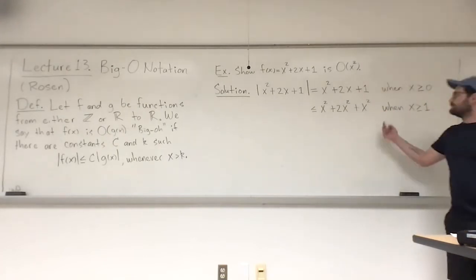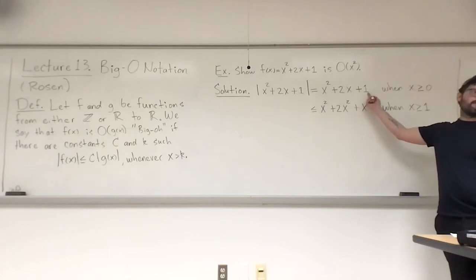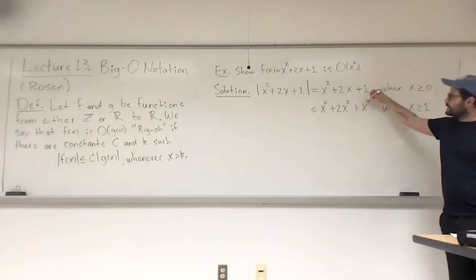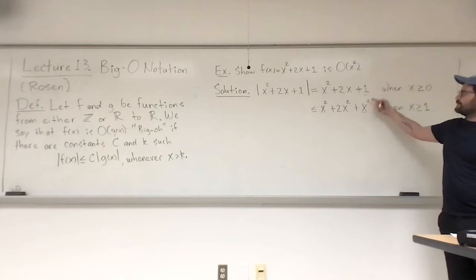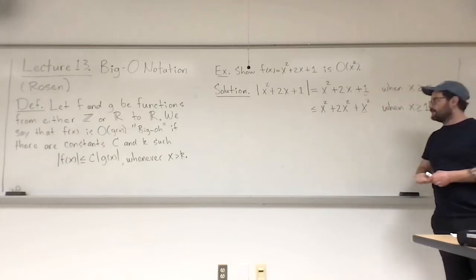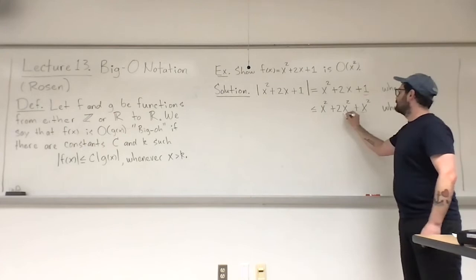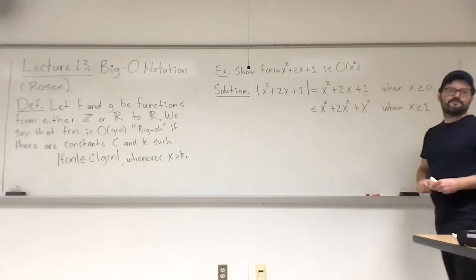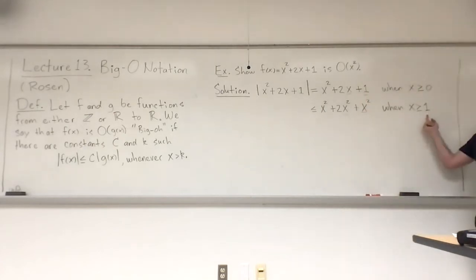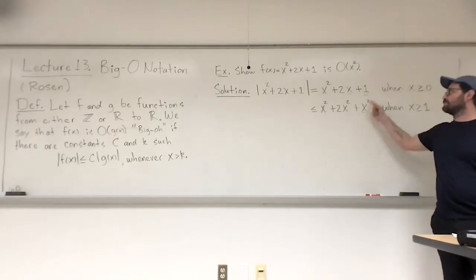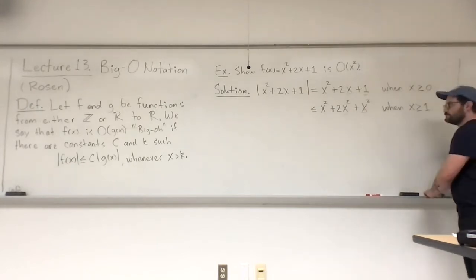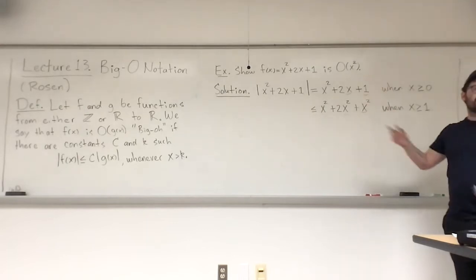And if x is greater than or equal to 1, then x squared is also greater than or equal to that one right there. So that and that, so that's greater than or equal to that. And then that is greater than or equal to that. It's important that x is greater than or equal to 1, because if x is in the interval 0, 1, then the square is less than x. Think about 1/2 squared is 1/4, it gets smaller. But if it's greater than or equal to 1, then I know that's greater than or equal to that, that's greater than that.